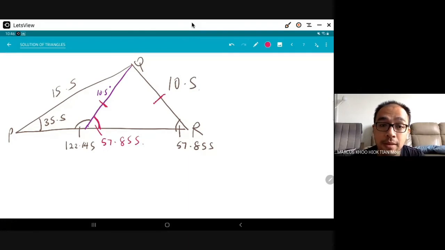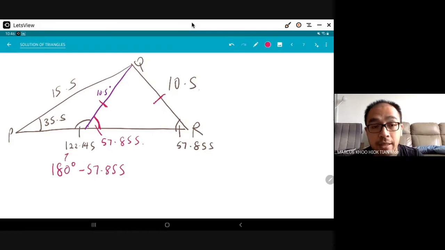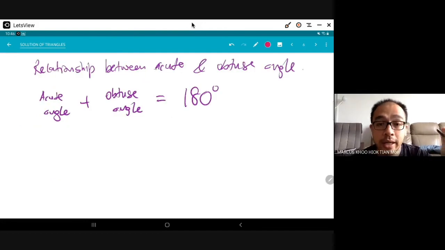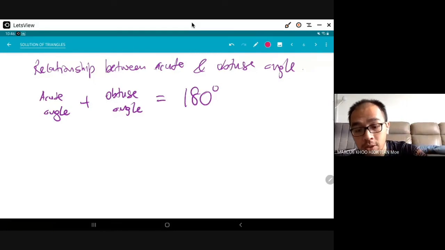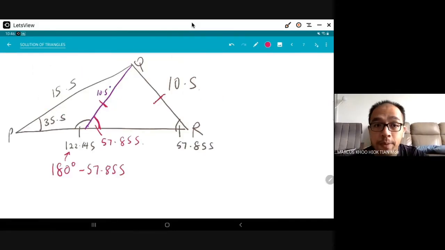And that's why we use 180 minus the 57.855 to find this angle, 122.145. Because remember the relationship just now, the acute angle plus the obtuse angle must equal 180 degrees.